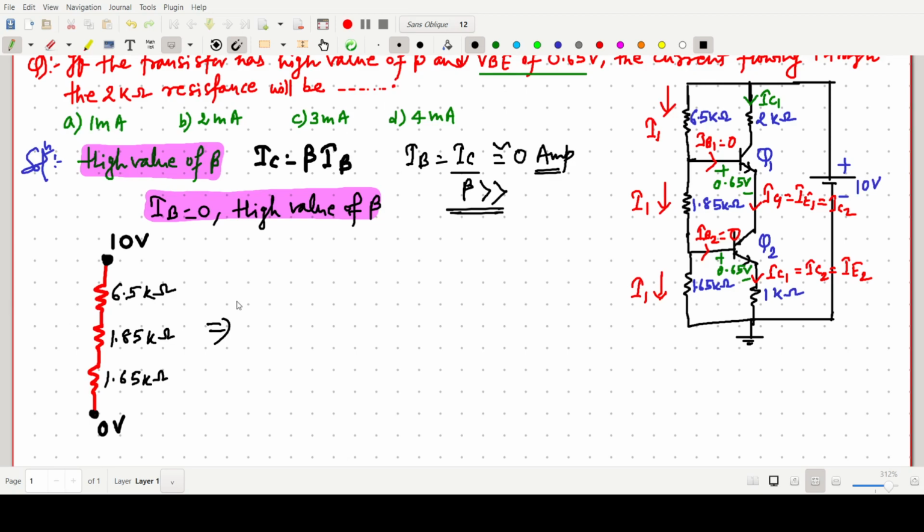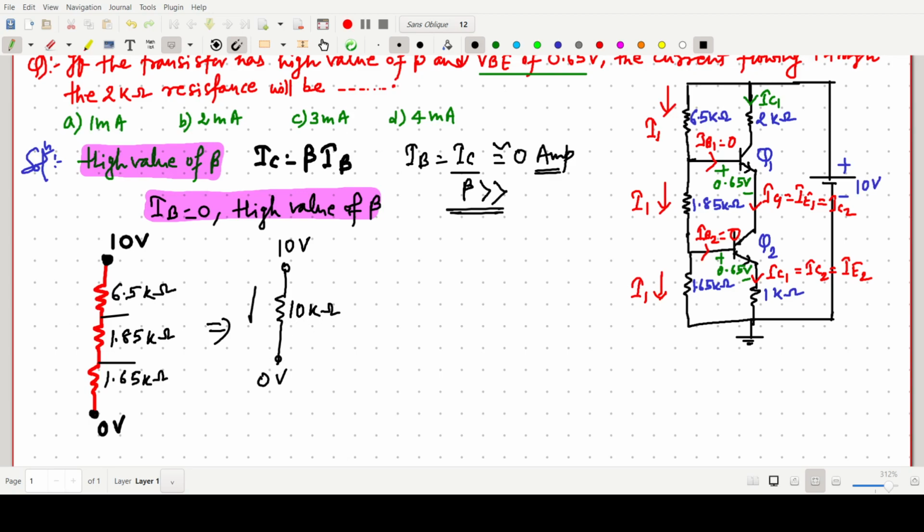One can say these three resistances are in series because the base current is 0, so no need to mention it; this one will be 0 current, so it should be open. If we sum all these resistances, 6.5, 1.85, then 1.65, it comes to 10 kilo ohm, and this is 0 volt.